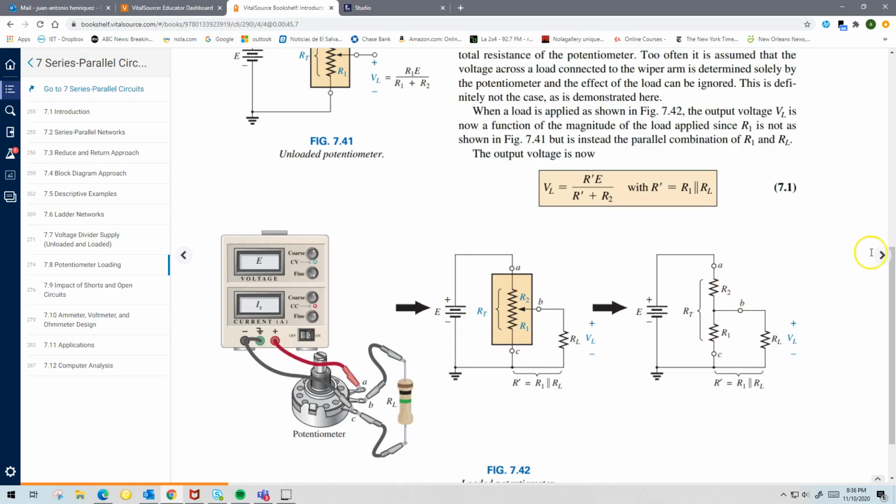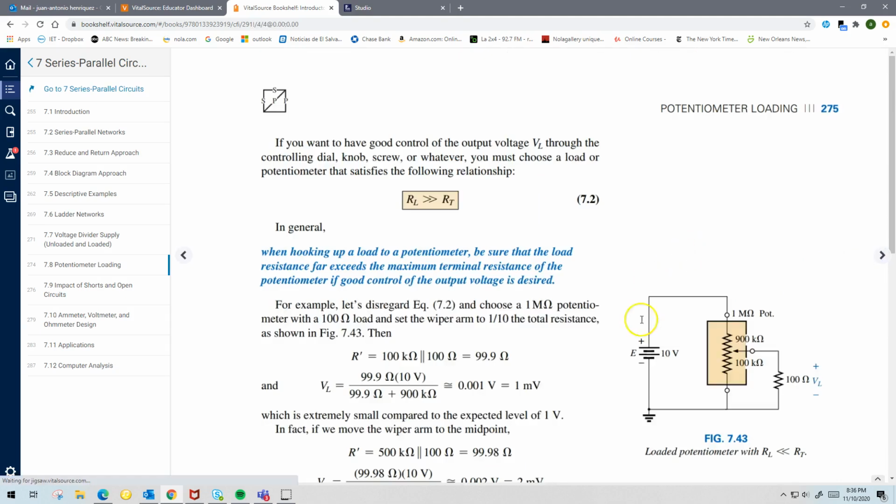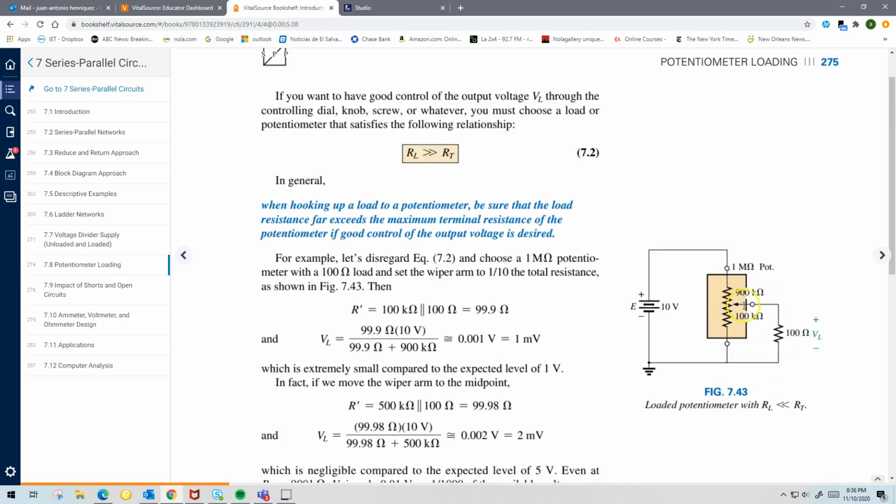So that's a typical use of potentiometers to regulate voltage. There's only a little rule that is used when adding a load like this to a pot. The rule is that the resistance that you're adding as the load has to be much greater than the total resistance that you're using for the pot.